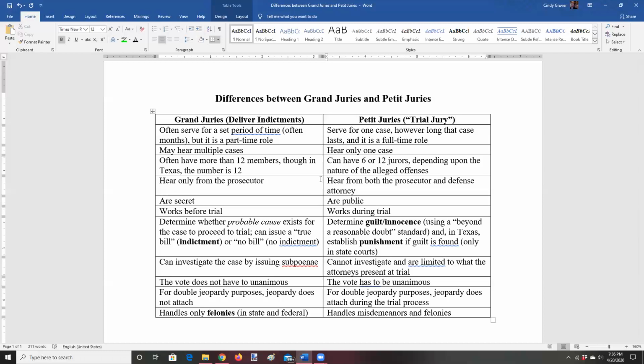Another big difference is that grand juries are secret. In fact, if you're called to be a witness in a grand jury and you spill the beans about what you were asked, that's actually a crime. And the members of the grand jury also have to keep information secret. You may ask, why is that? Isn't the public supposed to have a right to know? Well, the idea is that whoever is being investigated in the grand jury hasn't been convicted of anything, hasn't even been indicted yet.